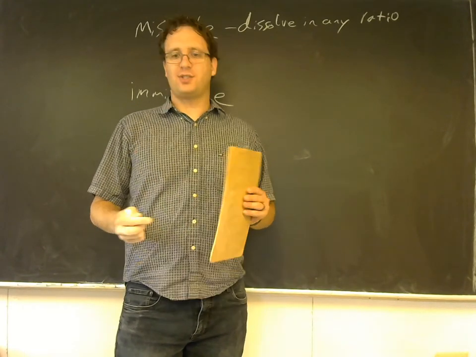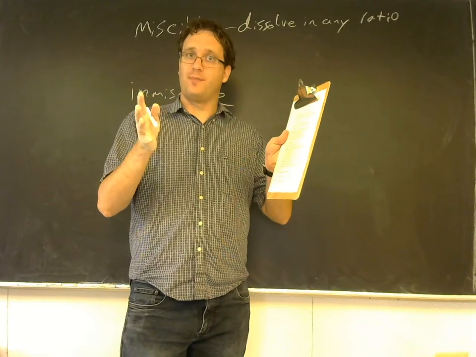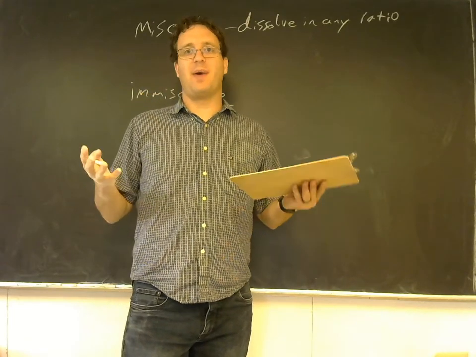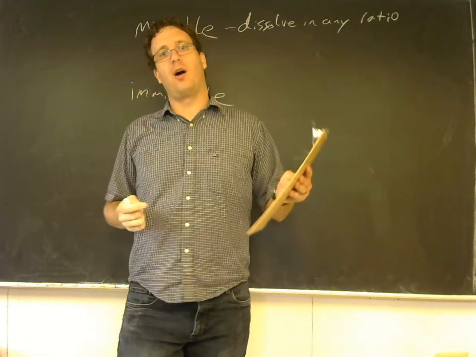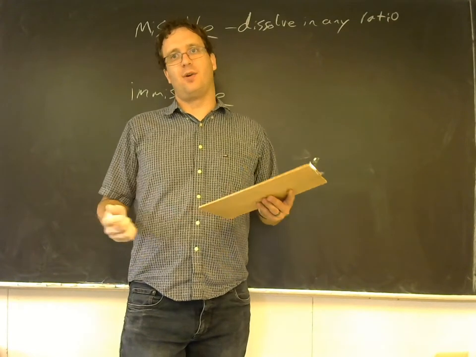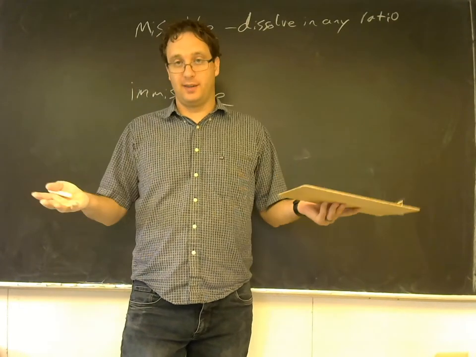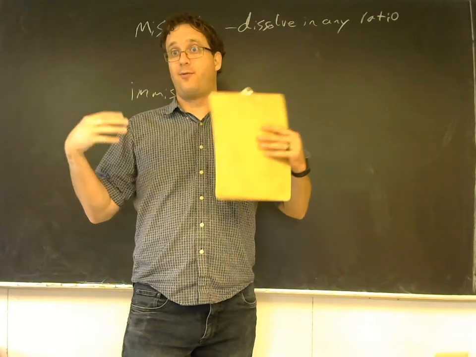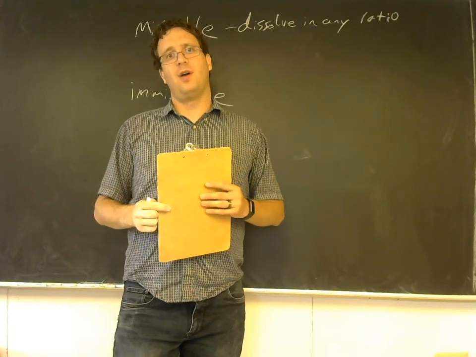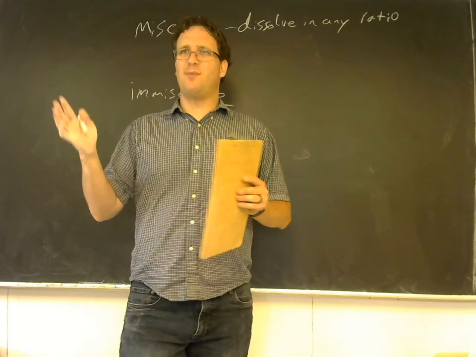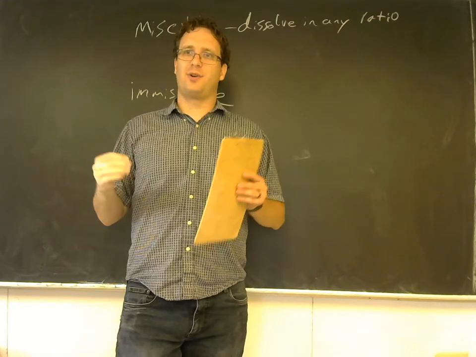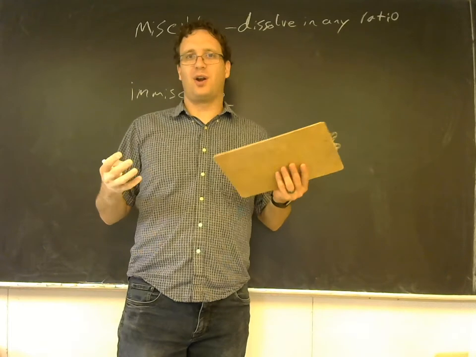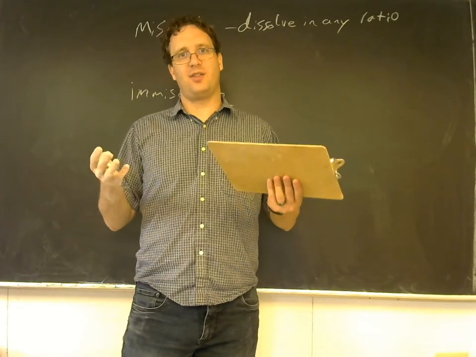So if I start with 100 grams of water and then I add some ethanol, well, water and ethanol are miscible. So I can add 10 grams of ethanol and they dissolve. I can add 100 grams of ethanol and they dissolve. I can add 400 grams of ethanol and they'll dissolve. And what really happens is somewhere in the middle there, it sort of transitions where it started with water as the solvent and ethanol as the solute.